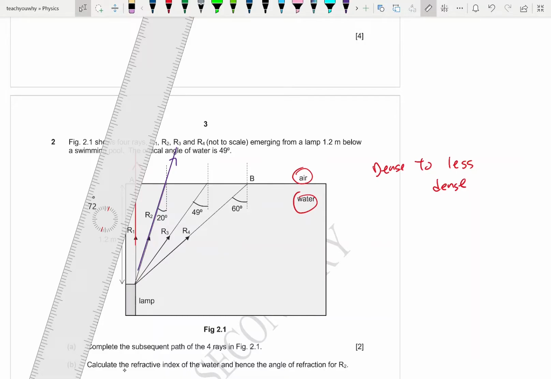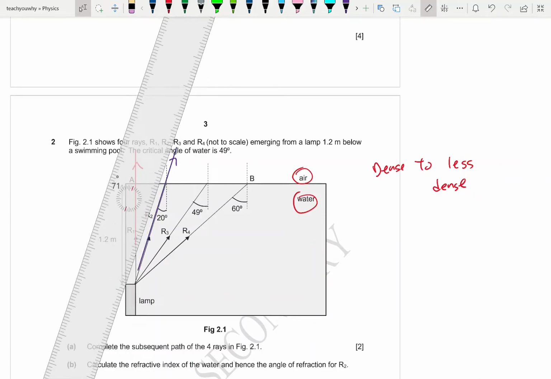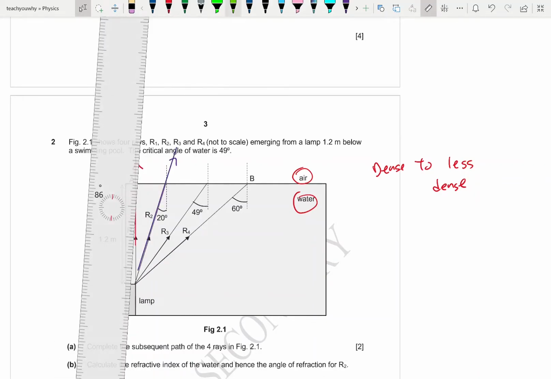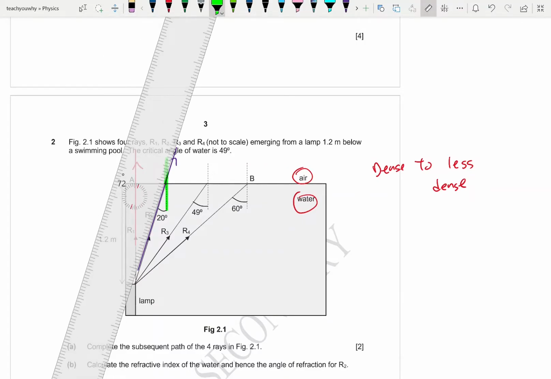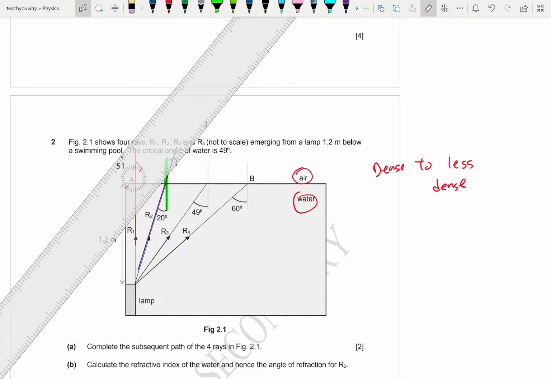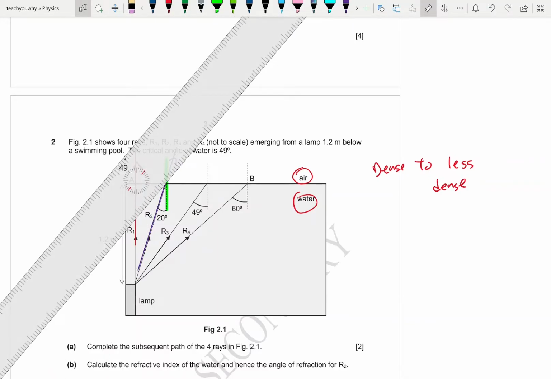Because this is traveling from water to air, from a dense medium to a less dense medium, the light will refract away from the normal. Where's my normal? My normal is this dotted line here. You see how my ruler turns away from the normal.